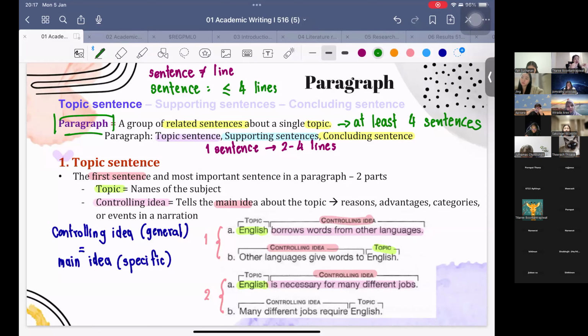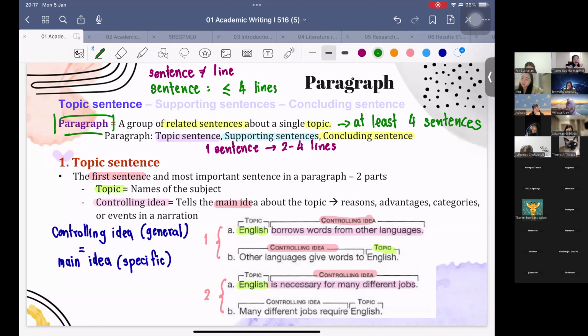So the second thing you need to tell the readers, apart from the topic, is the controlling idea, which some people call the main idea. The controlling idea tells the reader what you're going to write about.